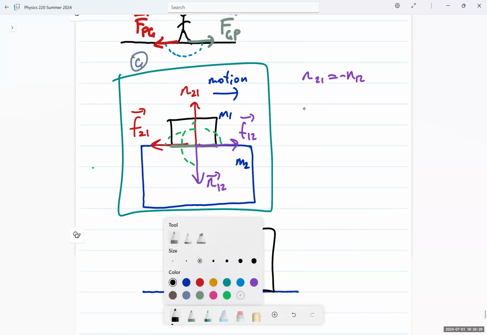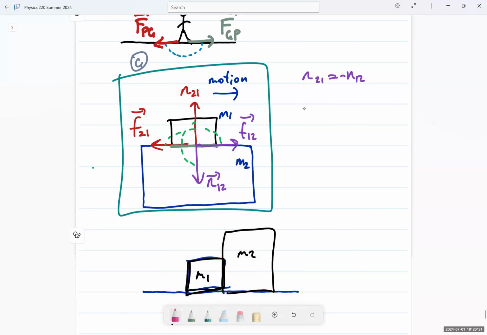Let's say at this point, M1 exerts a normal force on M2, and M2 exerts a normal force on M1, something like that. So the idea is this is due to the fact that they are physically in contact right here.